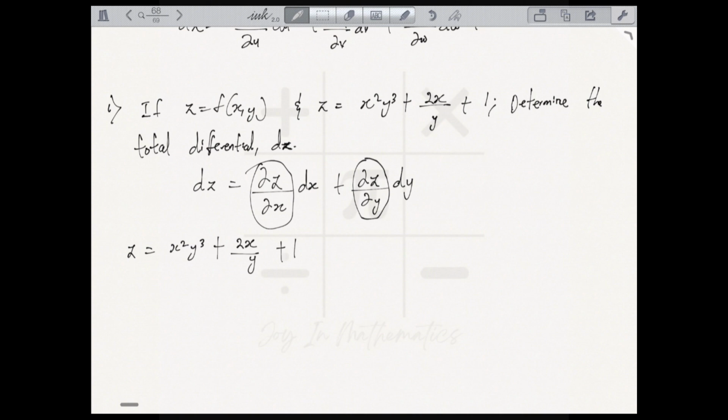And we are asked to evaluate dz dx. When we are evaluating partially with respect to x, our y is kept constant. Therefore, we have y cubed multiplied by the differentiation of x squared, plus 1 over y multiplied by the differentiation of 2x, plus the differentiation of 1.